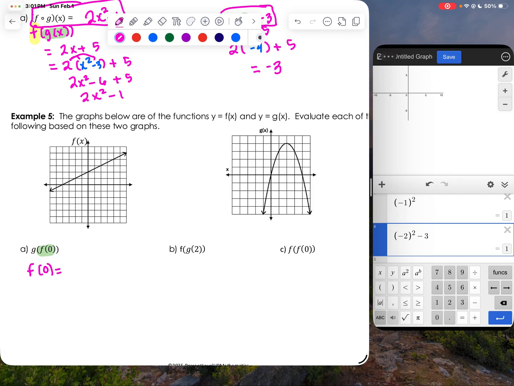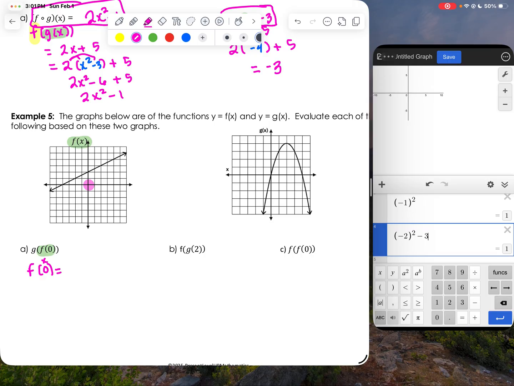All right. Now, how do we calculate f of 0 on the graph? Well, this is your input or your x value. So this is saying when x is 0, what is y? Because we're working with the f of x function, we want to make sure we're looking at this graph that we highlighted in green. So if we want f of 0, this is x equals 0 here.